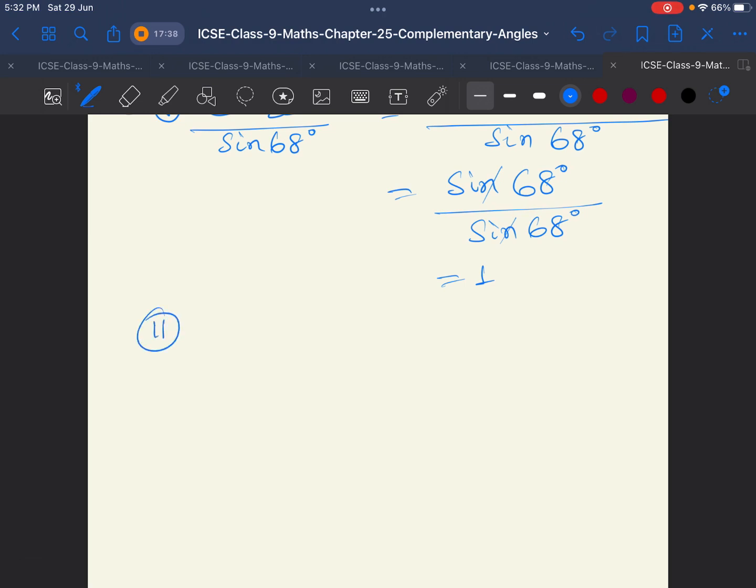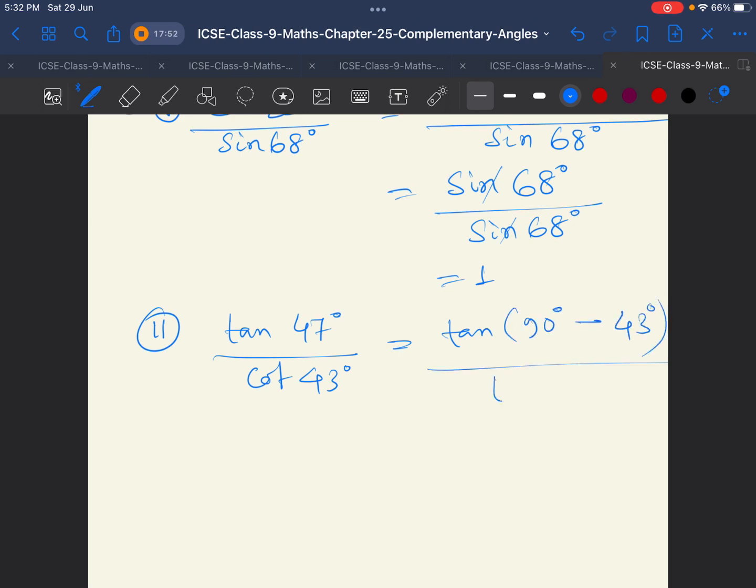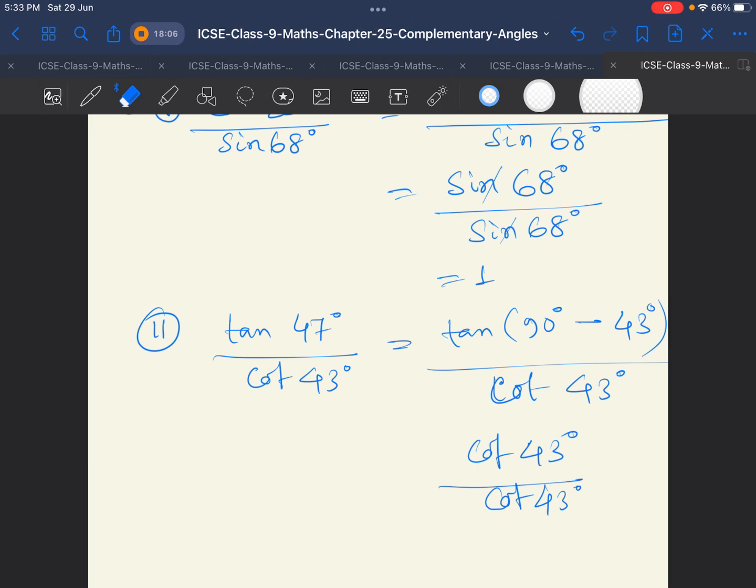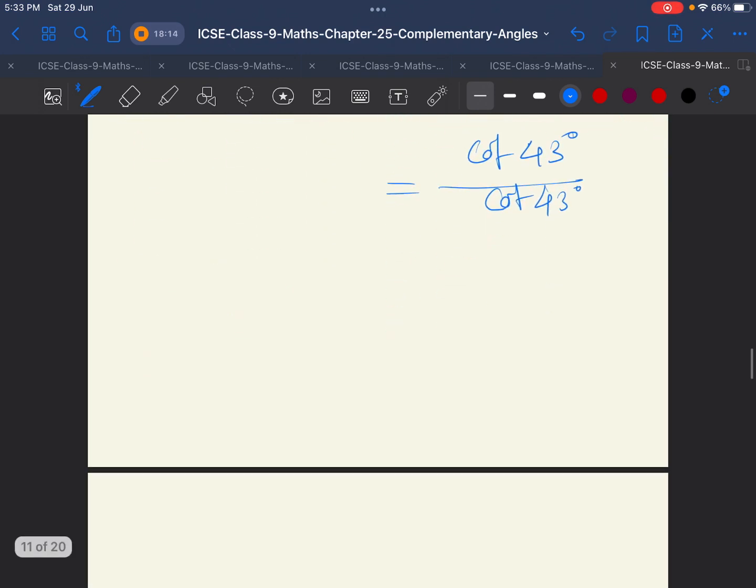Okay, now second question, tan of 47 degree by cot of 43 degree, so we can write tan of 90 minus 43 degree by cot of 43 degree, so here cot of 43 degree by cot of 43 degree. Okay, so this is 1.